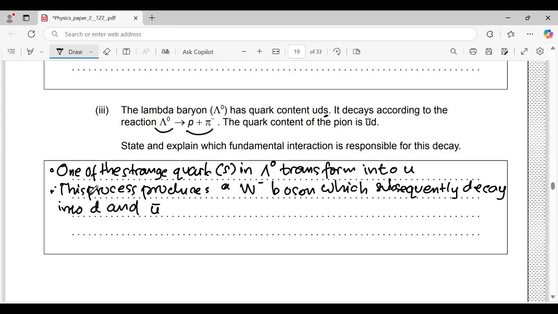So this is one down quark and one antiquark, on the pion.